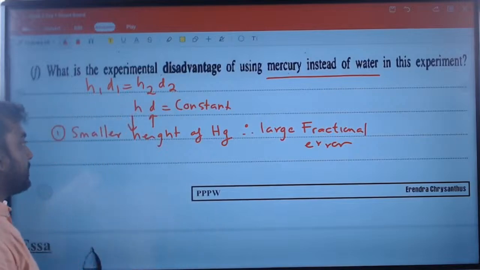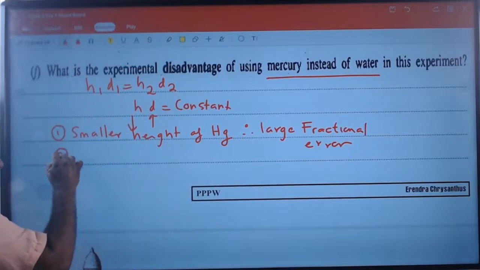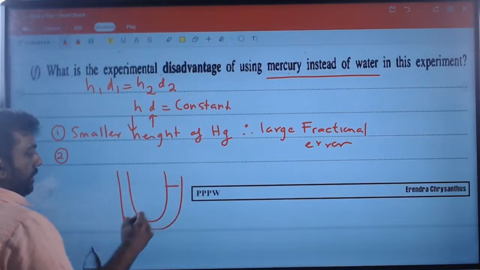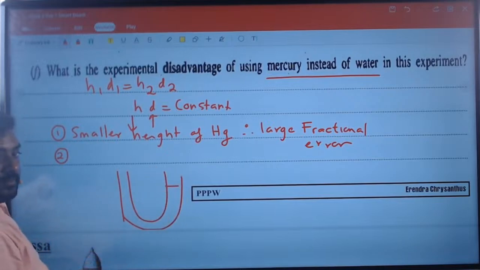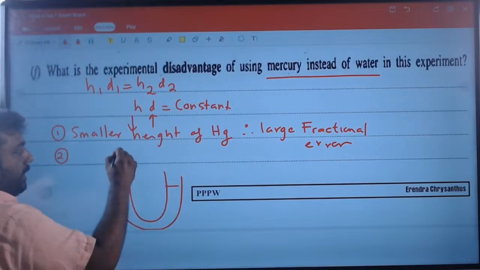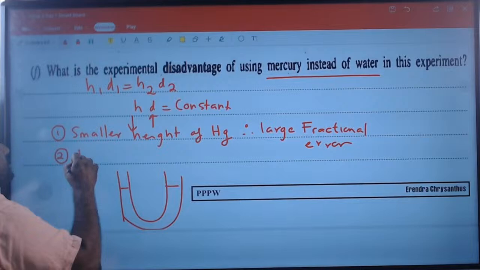What's the second reason? Now, let's say you insert mercury. To balance a certain height of mercury, the height of oil required is large.